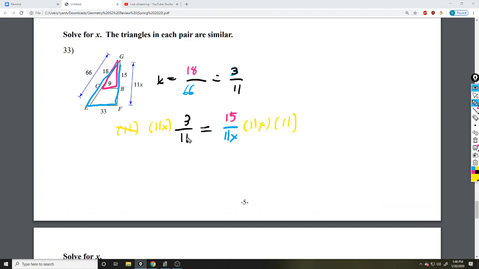All right, so 11's cancel here. So we have 11x times 3, that is 33x. Equals, the 11x cancels over on this side. So we have 15 times 11, which is 165. So we just need to divide by 33.